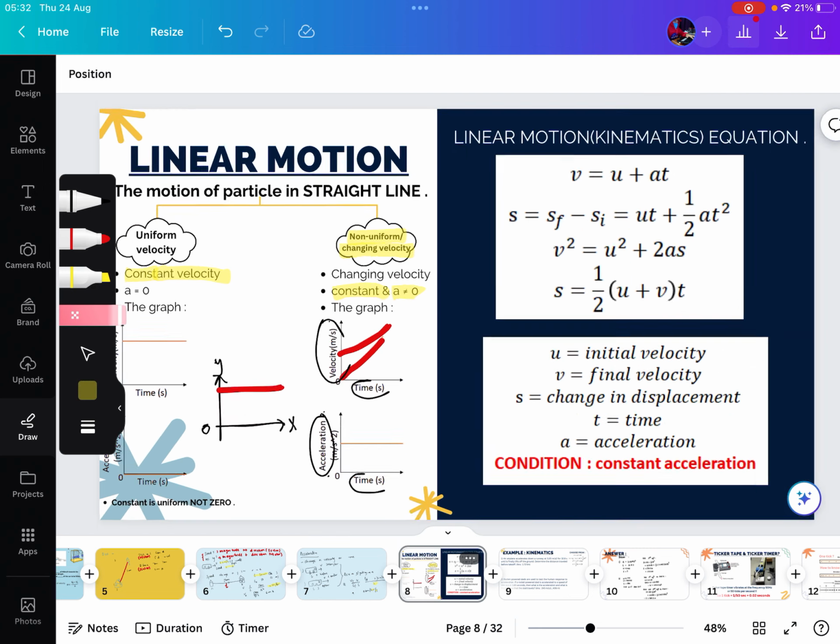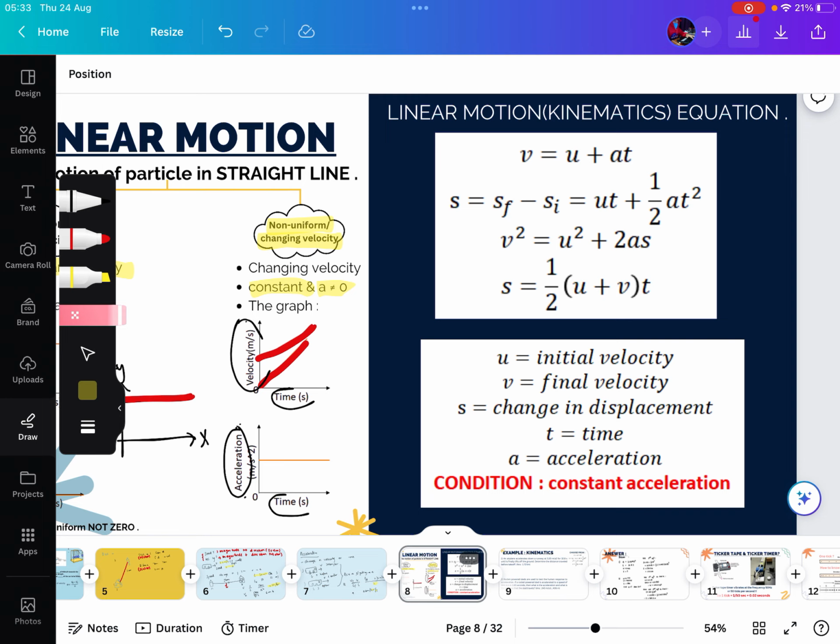On the right side over here are the kinematics equations, which you need to understand and also memorize at least. Take a look at this first equation, v equals u plus at. What is u, what is v, what is t? It is indicated here. You can read. u is initial velocity, and v is final velocity. t is, as usual, time, and a is acceleration.